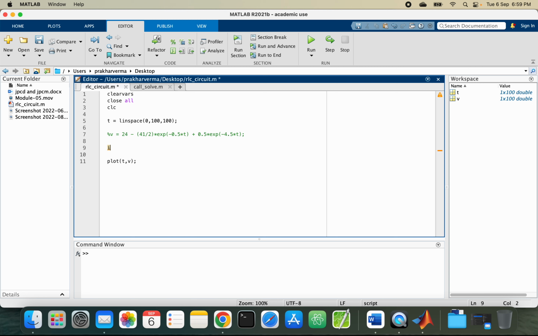So I is equal to 4 minus 0.065 multiplied by exp of minus 11.97 multiplied by time, plus 0.065 multiplied by exp of minus 0.53 into time t.